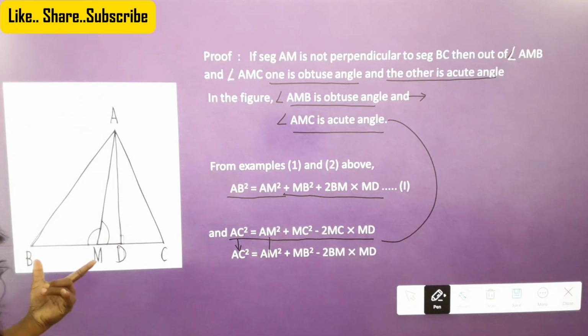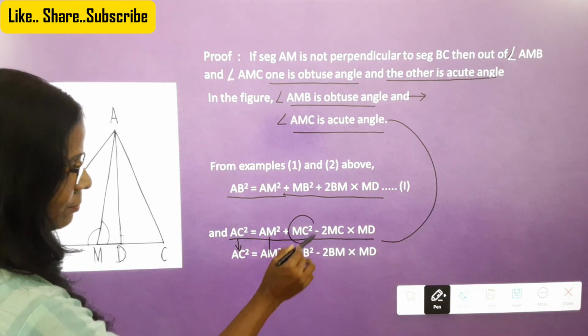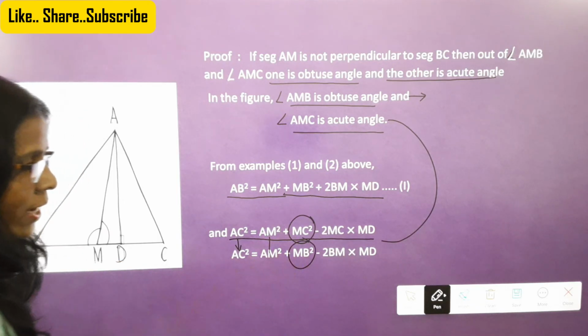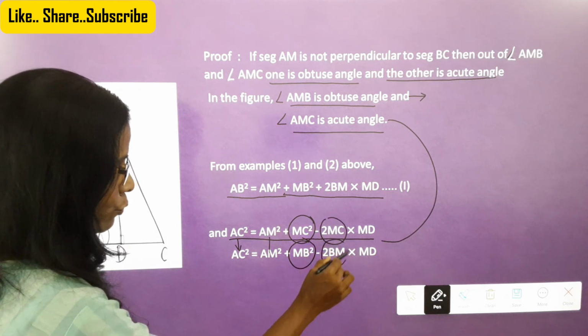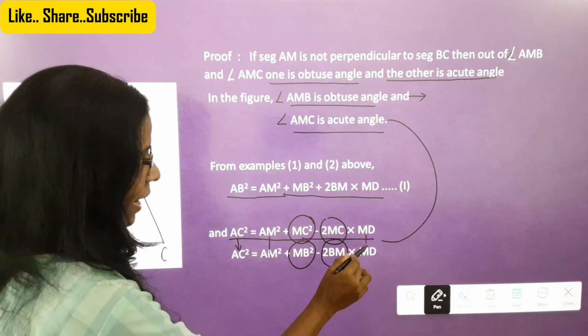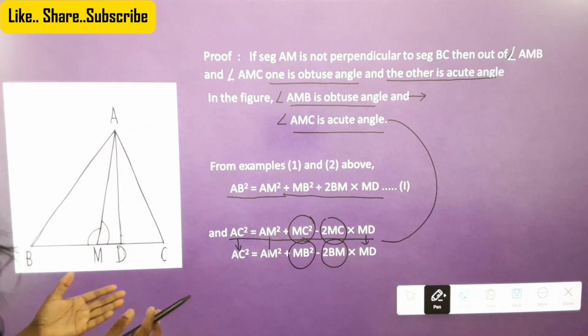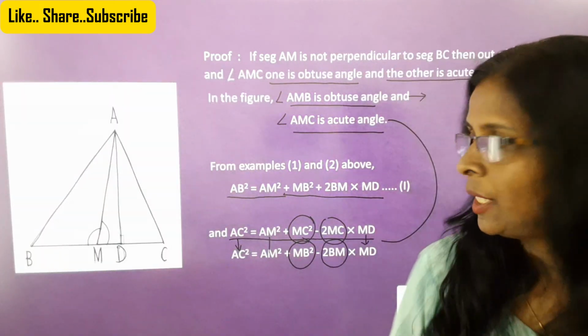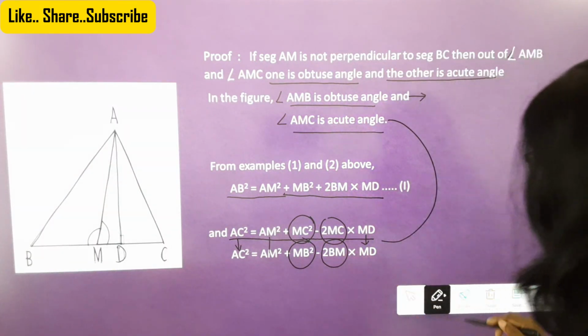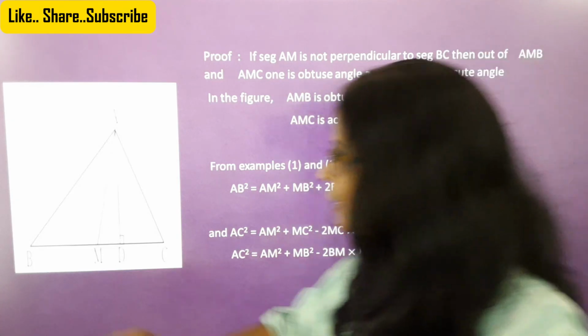Here MC is equal to BM, so we can replace MC square with MB square, and minus 2MC means minus 2BM, multiplied by MD. This way we can prove the Apollonius Theorem.